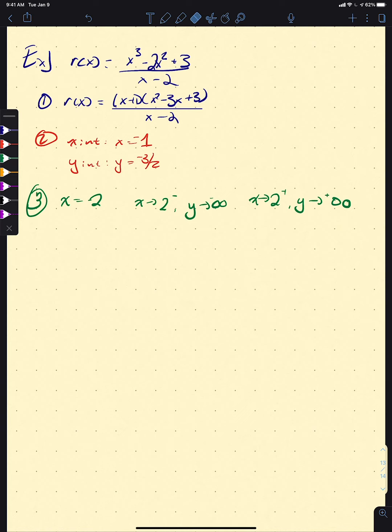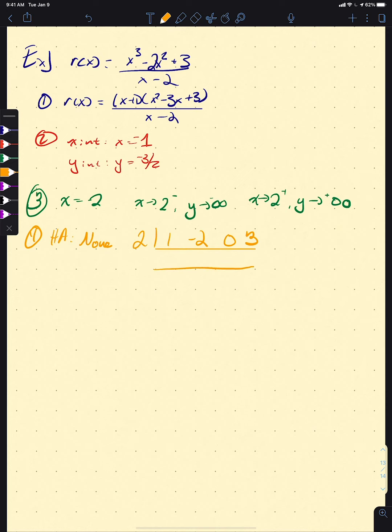So what's happening now? What about our horizontal asymptote? Well, we know we don't have any, but we can still look to see if there's a slant asymptote of any kind. So we're dividing x minus 2 into my coefficients of 1, negative 2, 0, and 3.